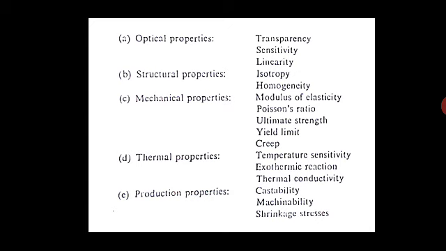And the fourth is the thermal properties, which include temperature sensitivity and thermal conductivity, along with the exothermic reaction. The fifth category is the production properties, which include castability, machinability, shrinkage, and stresses.